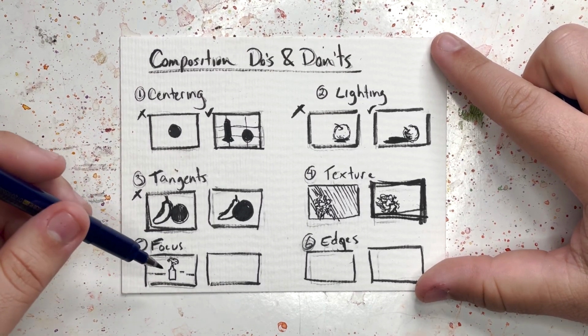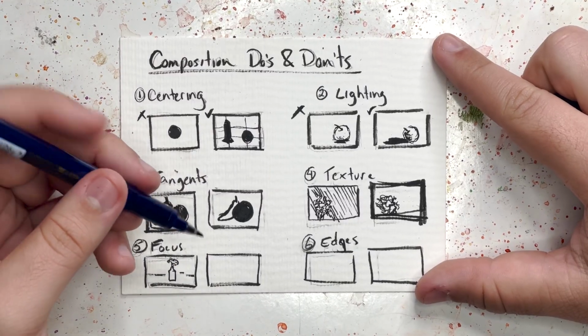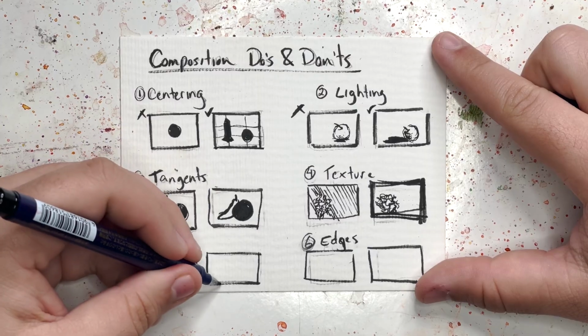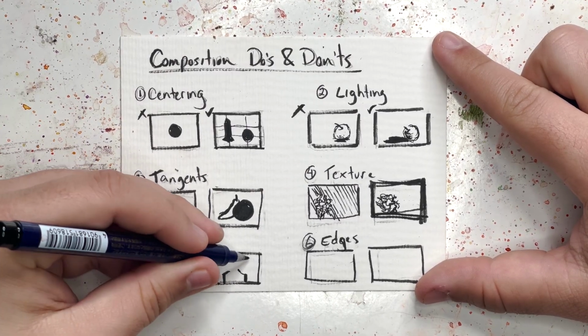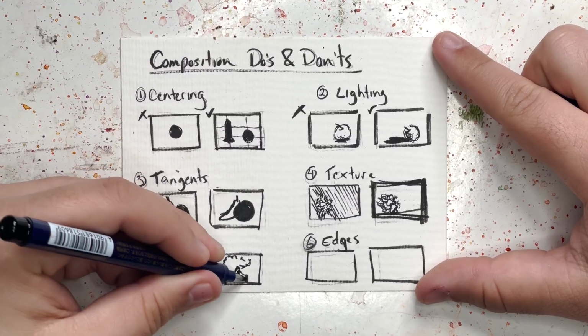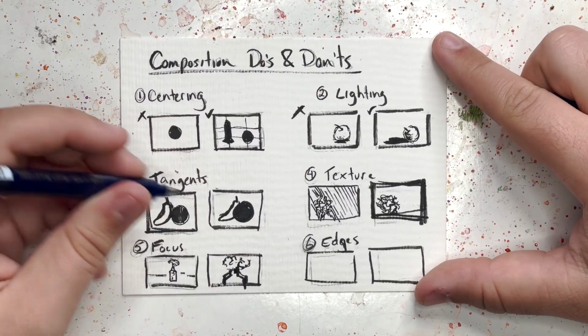So for example, if I want to focus on the flowers, maybe I'll zoom in a little more on the flowers. So I don't need all of this information here. I can cut this off way up here and let the flowers be the focal point, right? And that way, I know kind of what I'm focusing on.